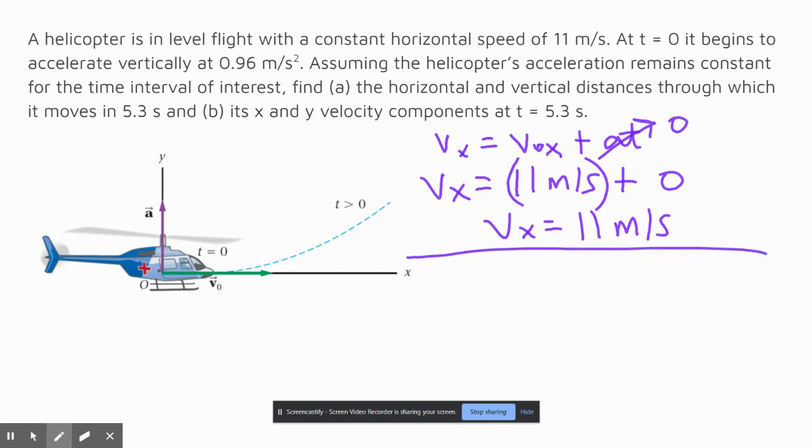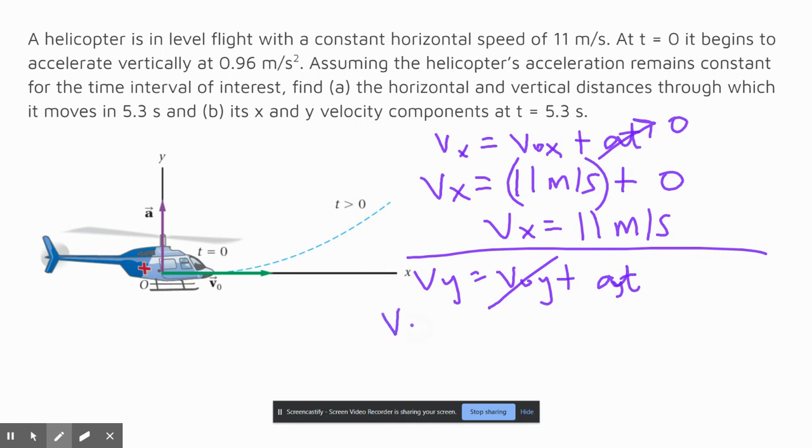Okay, so for that y direction, we have Vy equals Voy plus at, and that's in the y direction. This time, we can get rid of the initial velocity component. There is no velocity in the y direction.